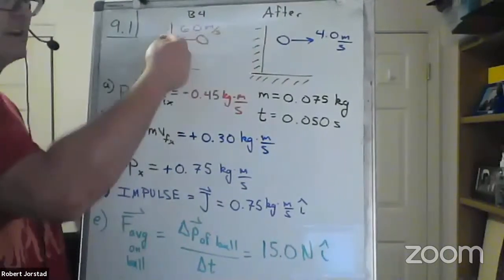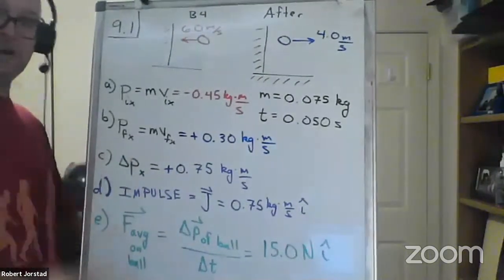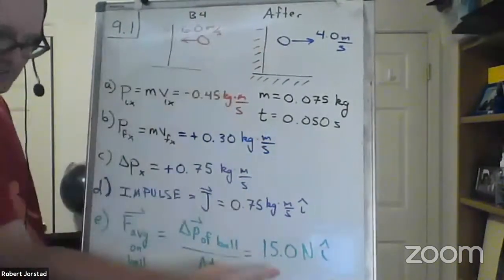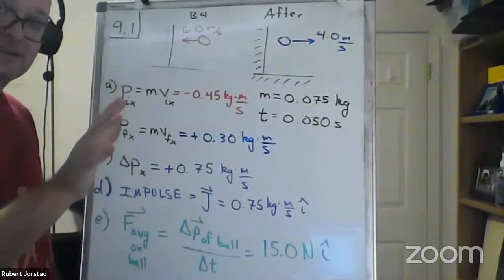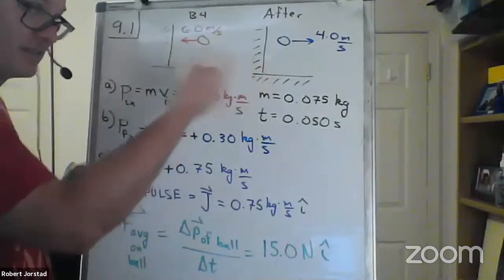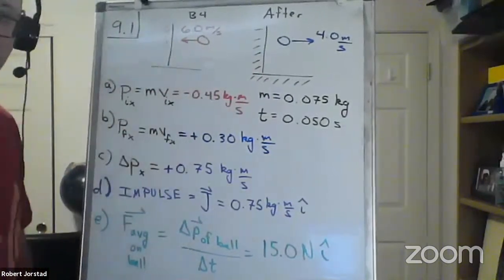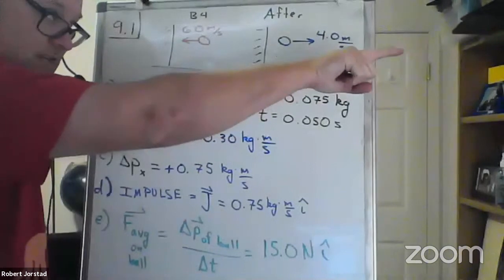The ball was going this way. Now it's going that way. Which way did the wall push on it? That way. Positive. Got it. How could we figure out the force that the ball exerts on the wall? It's just the negative of that. Exactly. Newton's third law. Ball on wall, 15 that way.